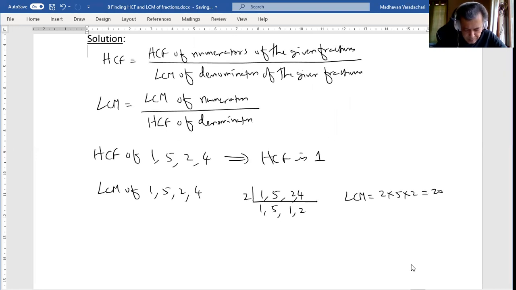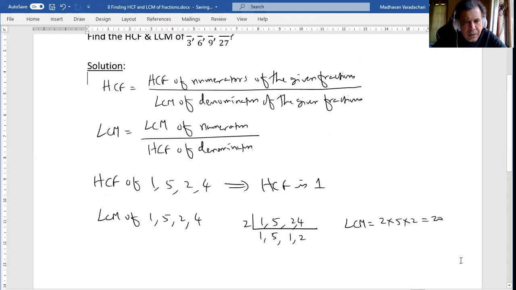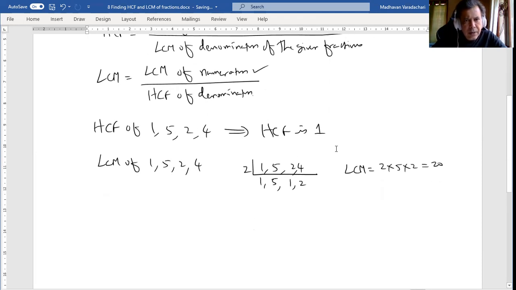Therefore, what I did is, these two things we found. HCF of numerators and LCM of numerators we found. Now, LCM of denominators, that is LCM of 3, 6, 9, 27.